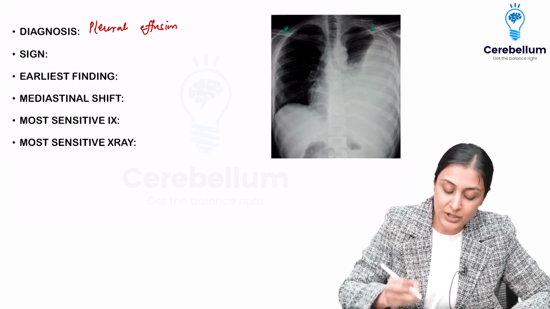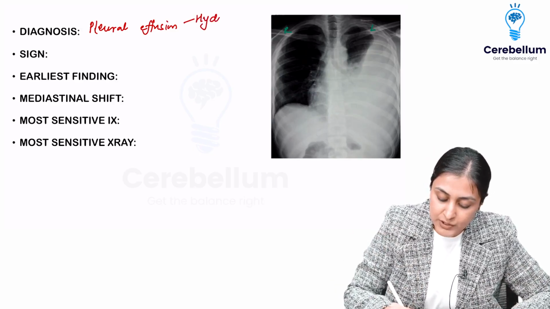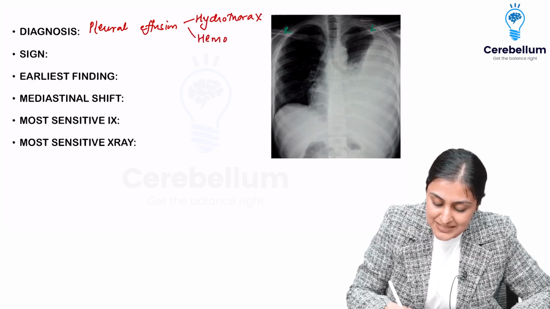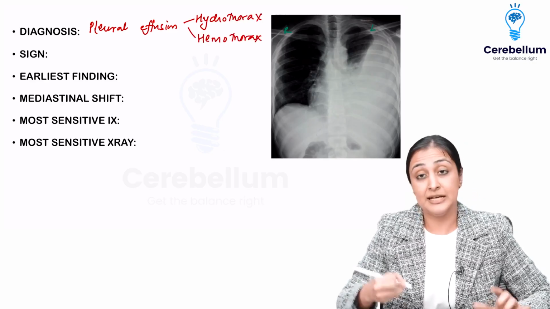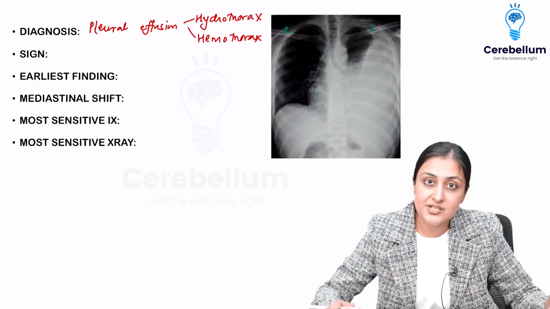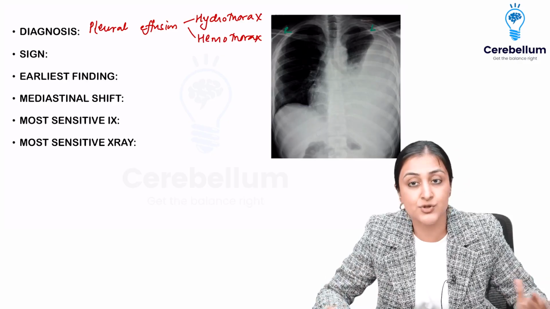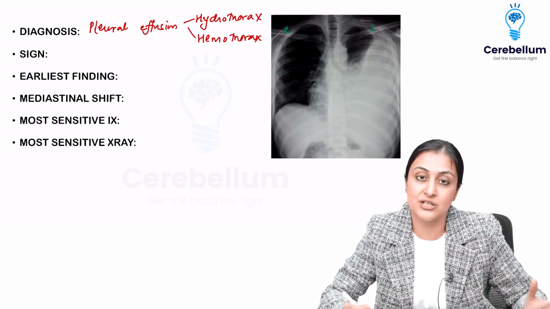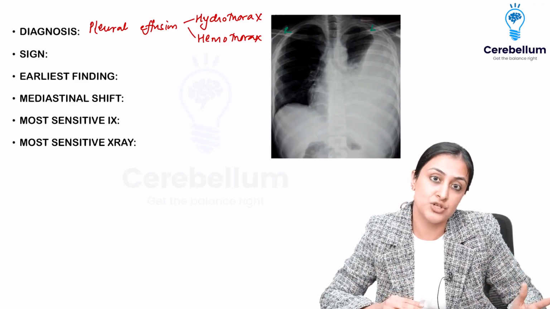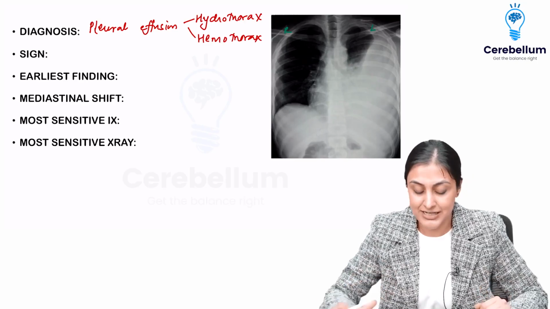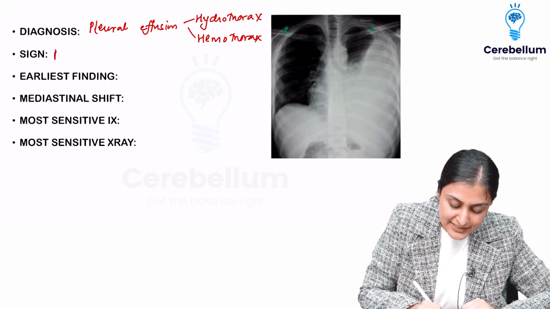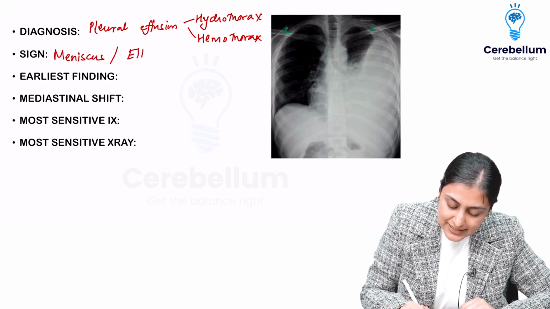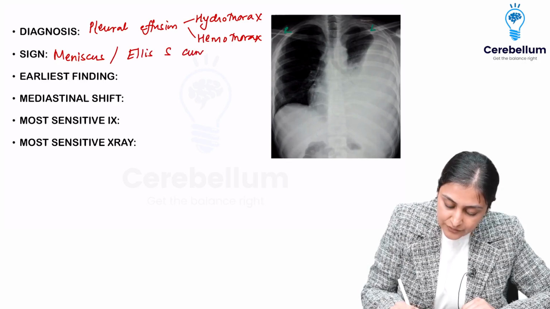But in context of trauma, you may also call this hemothorax. Everything is going to be the same radiologically. Whether it is blood, chylothorax, or hydrothorax, it all looks the same on radiology. So it's the history that will tell you whether it's pleural effusion or hemothorax, right? The sign, as we discussed, is the meniscus sign, also called Ellis's S curve.